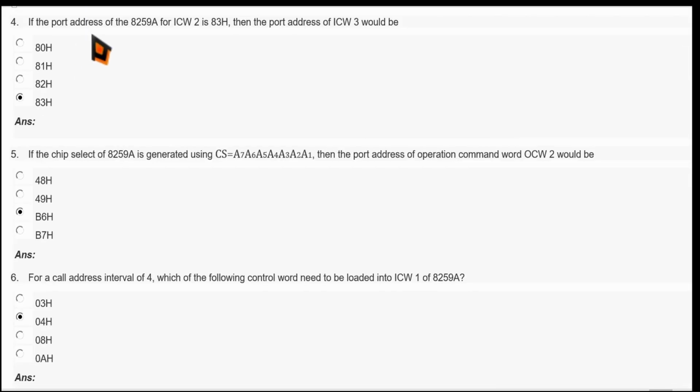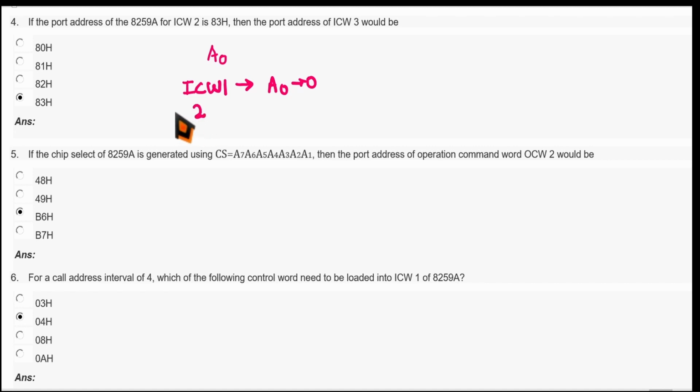If the port address of the 8259A of ICW2 is 83H, then the port address of ICW3 would be, see, the address is decided by the address line A0. For ICW1, A0 should be 0.